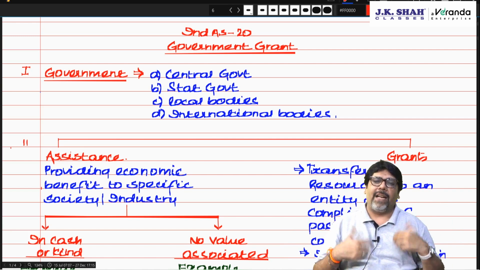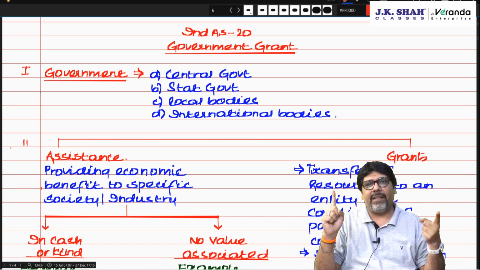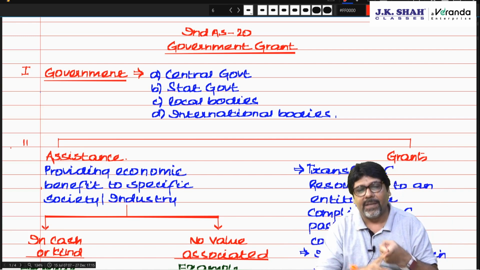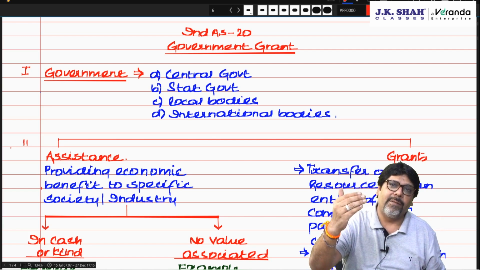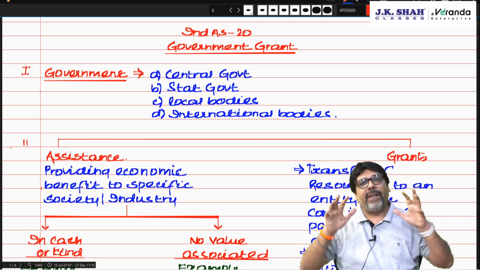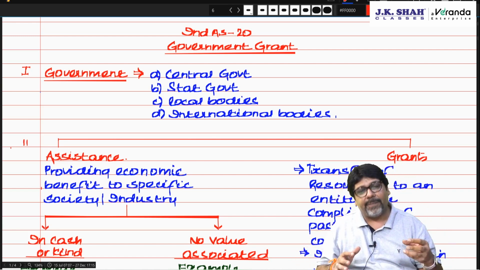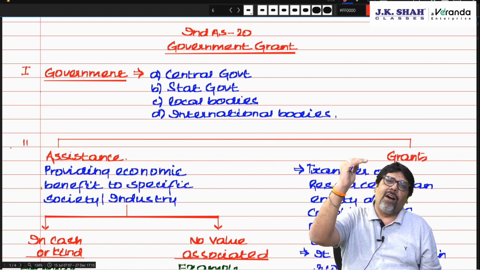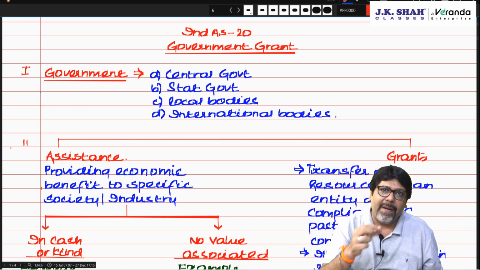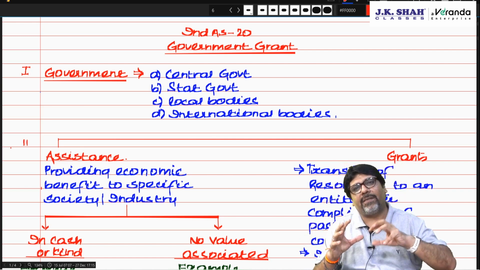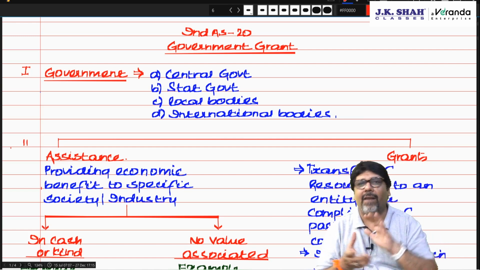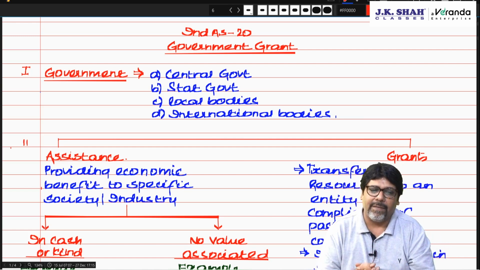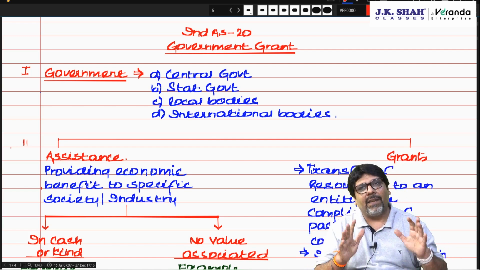Whose economic value can be determined is free Wi-Fi, free electricity, or electricity up to certain units of consumption, free insurance for all your employees, correct, or payment, suppose 20% of your salary would be given by the government, subsidy, whatever we say, these are nothing but government assistance.